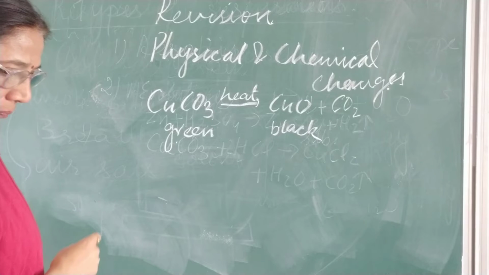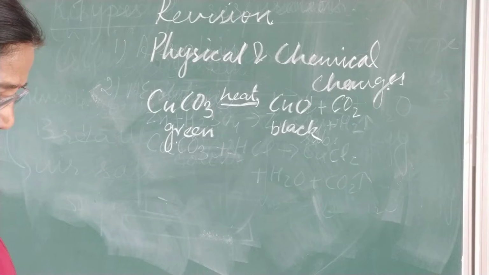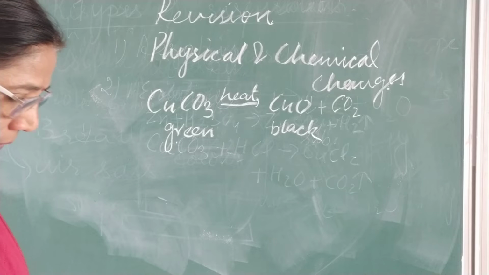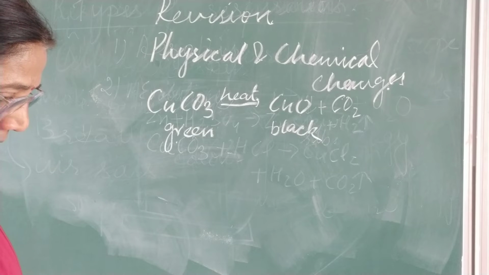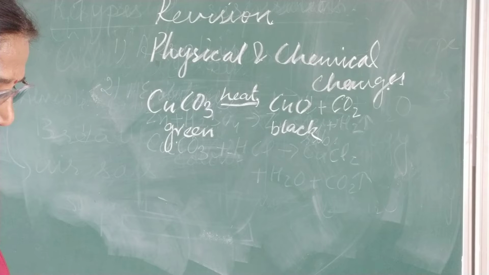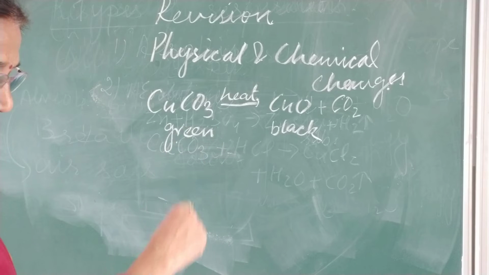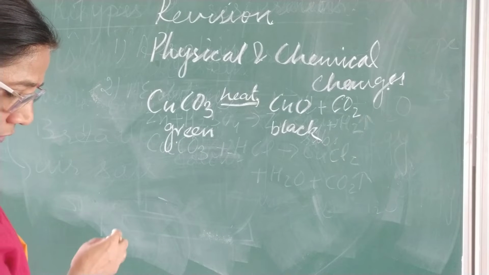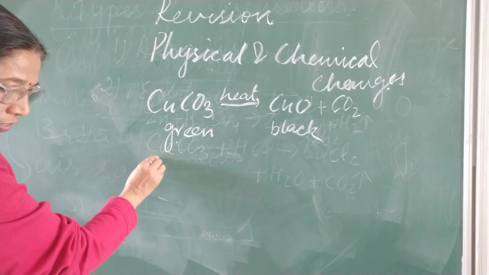Third is formation of precipitate. What is a precipitate? When two chemicals in solution react and an insoluble substance is formed, it settles down as a precipitate and we always write it with a down arrow. I am telling you the equation.